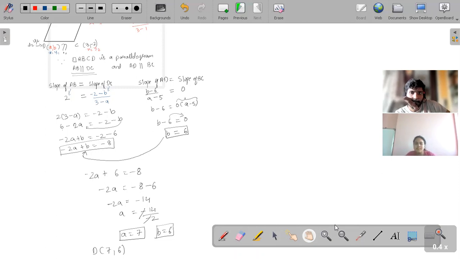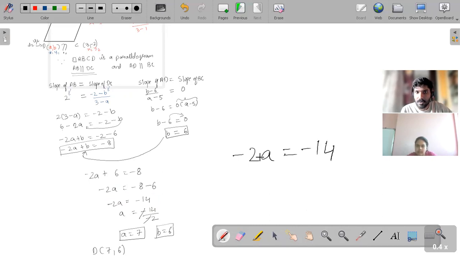Again, minus 14, when minus 2 goes on that side, it will become plus 2, right? No, it is becoming division. See here, it is in multiplication. Your minus 2 is in multiplication with A. So that is why when it goes on the other side, it becomes division. So it was minus 2A is equal to minus 14.